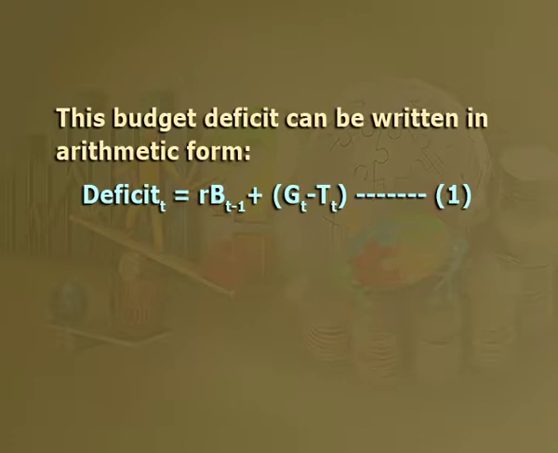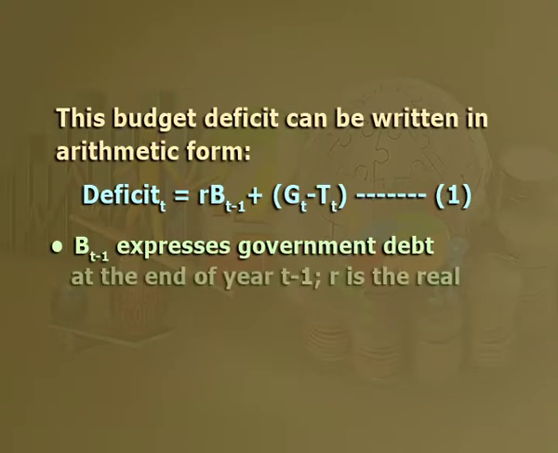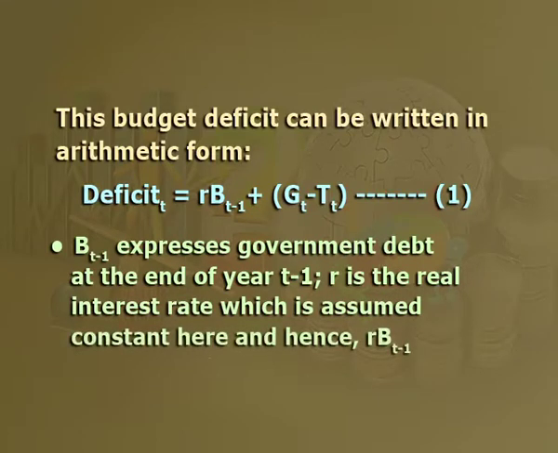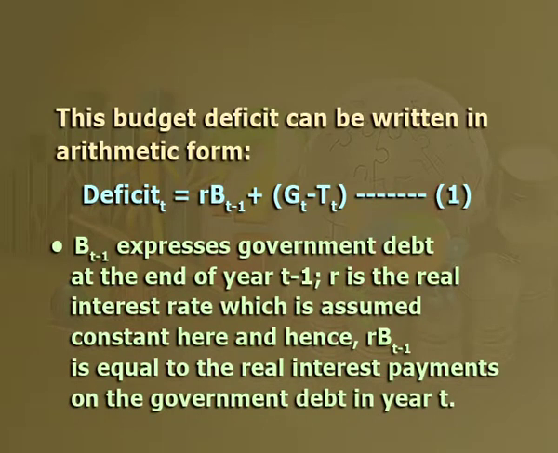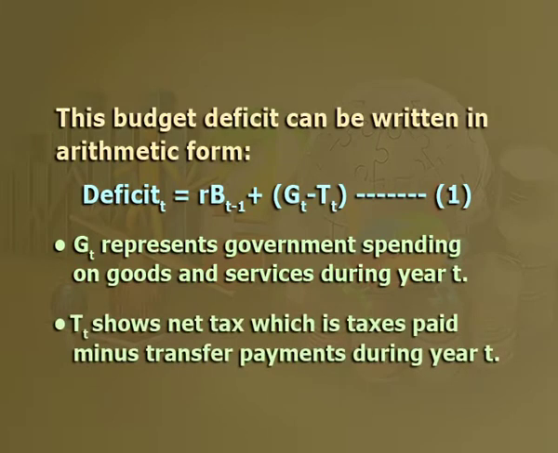In this equation, B_(t-1) expresses government debt at the end of year t minus 1. r is the real interest rate, which is assumed constant here, and hence rB_(t-1) is equal to the real interest payments on the government debt in year t. G_t represents government spending on goods and services during year t. T_t shows net tax, which is taxes paid minus transfer payments during year t.